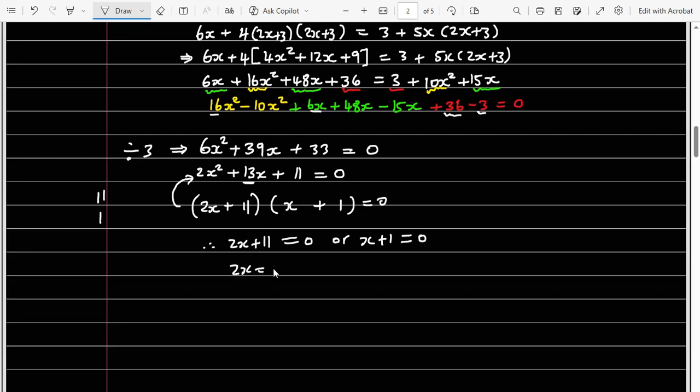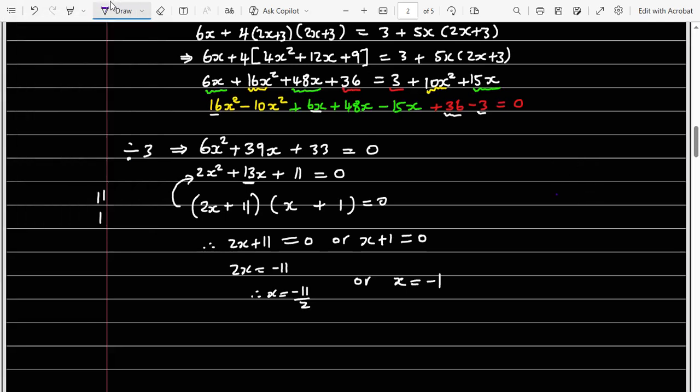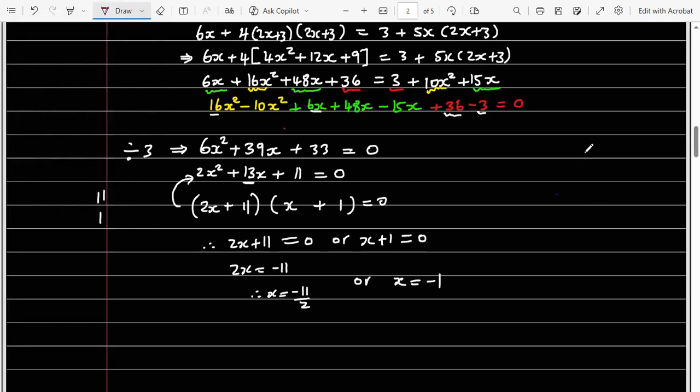So 2x is minus 11, therefore x is just negative 11 over 2, or the value of x is minus 1. So what you need to do is to find the corresponding y values.